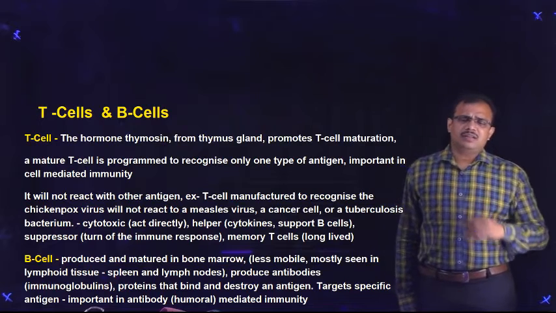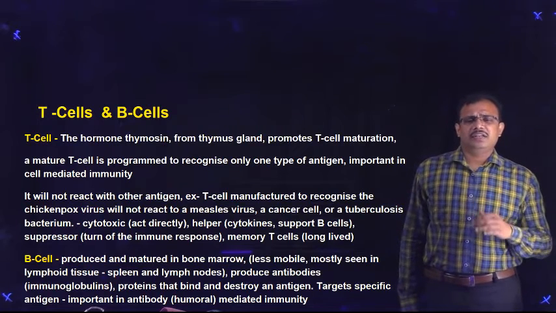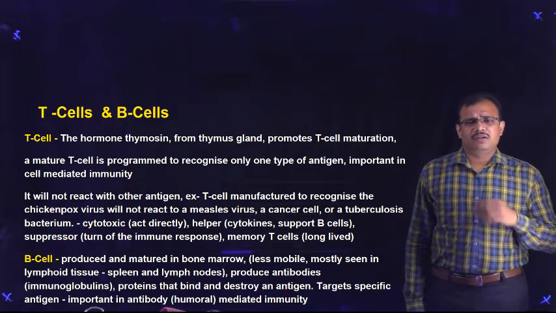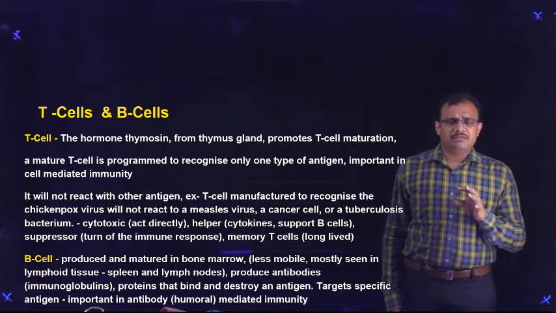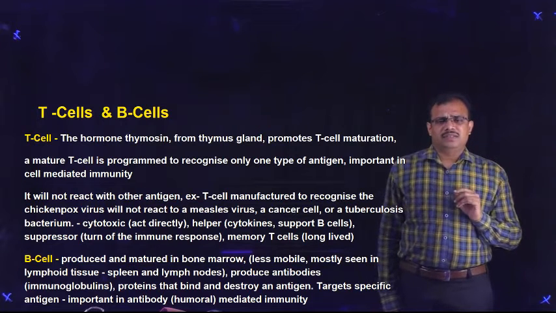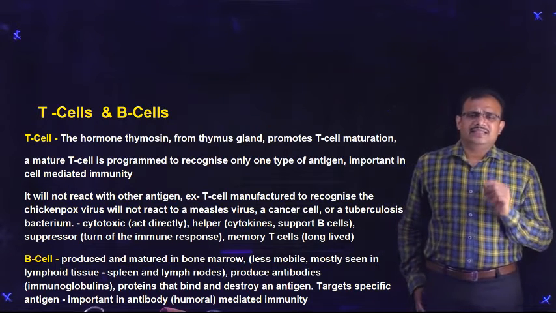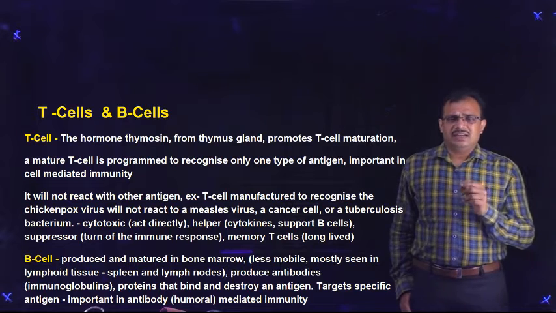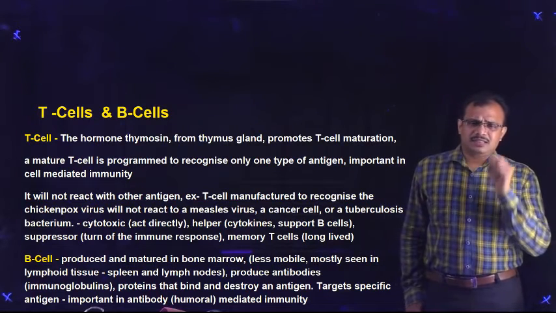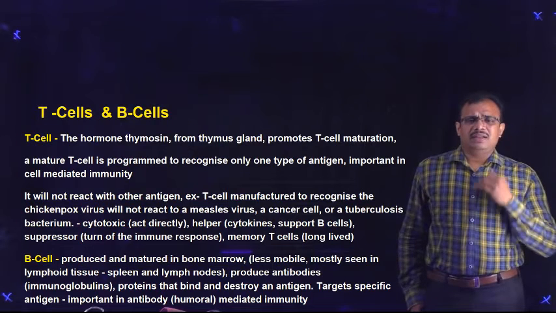It will not detect any other bacteria or any other virus. It will not detect rabies virus, or influenza virus. It will detect only the chickenpox virus. So that is called specificity, and here the T cell is programmed only to detect that particular antigen.